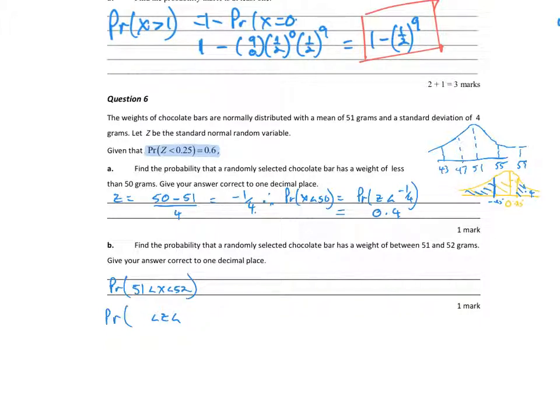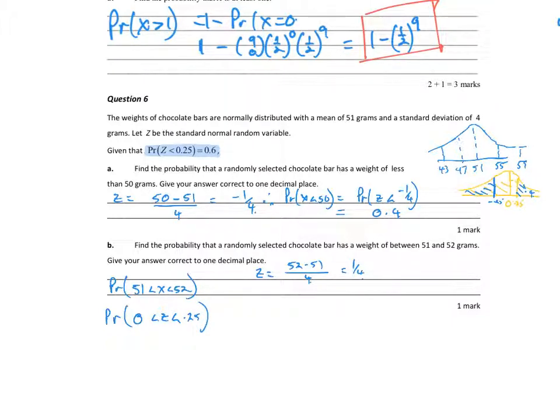So 51 is the mean. 52 is that one standard deviation above, isn't it? So I could check that. So Z is equal to 52 minus 51 over, not one standard deviation above, over 4, which is equal to 1/4. So it's between 0 and 0.25.